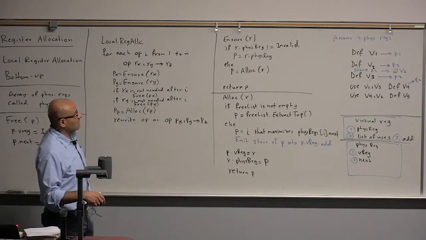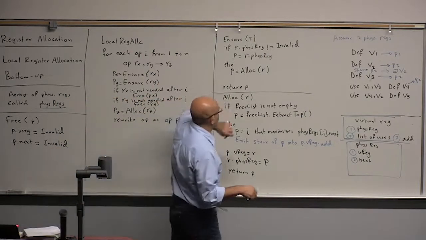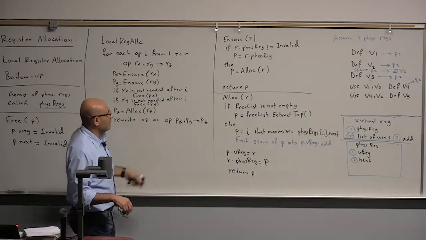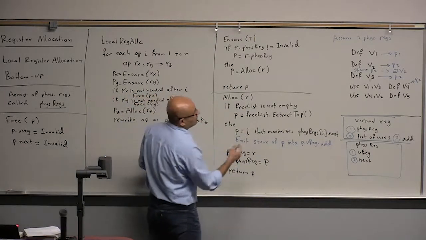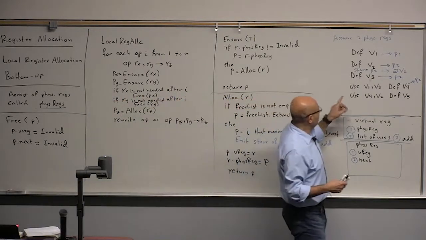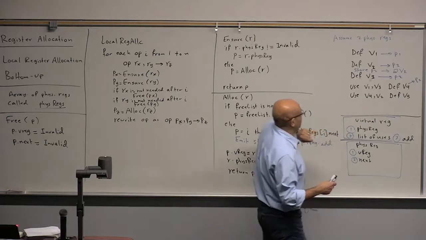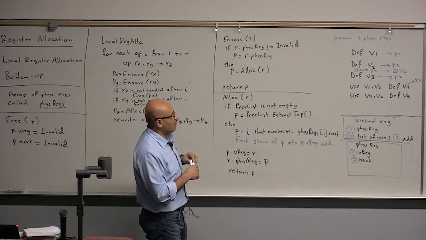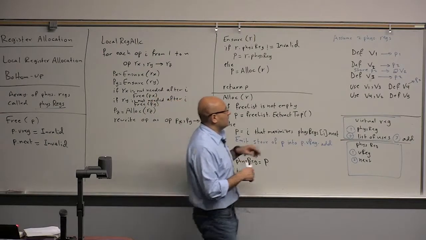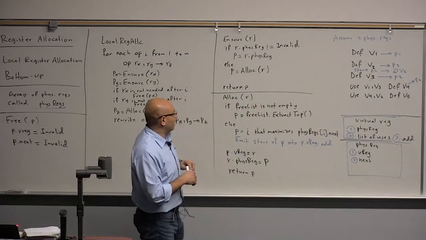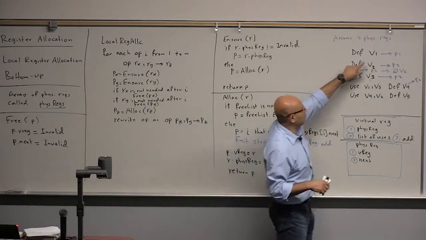So in order to allocate for it, we find a register for it, and we will spill that. So in this case, which register will it get? P1. Yeah, exactly. So it will get the register for P1, and this will result in spilling V1.